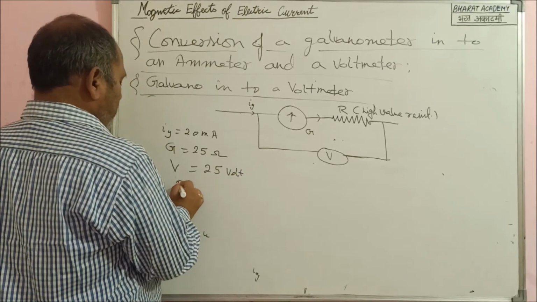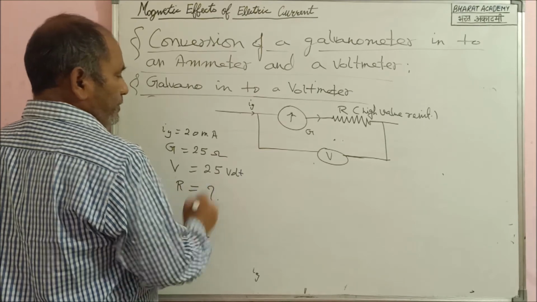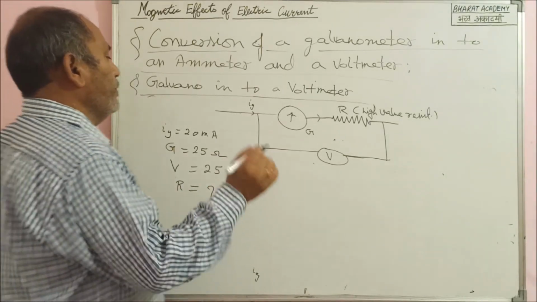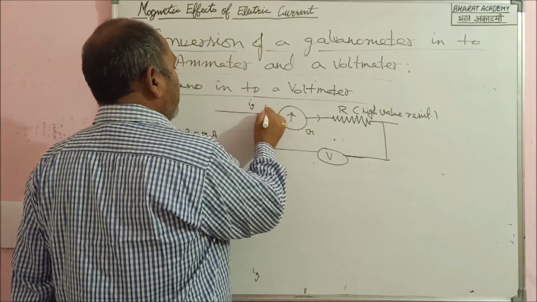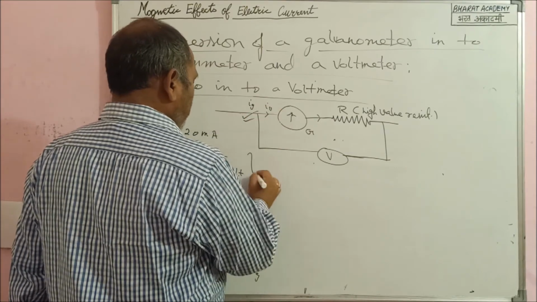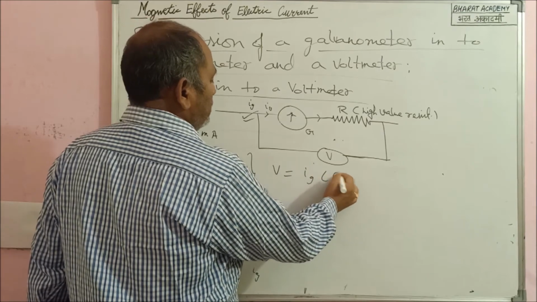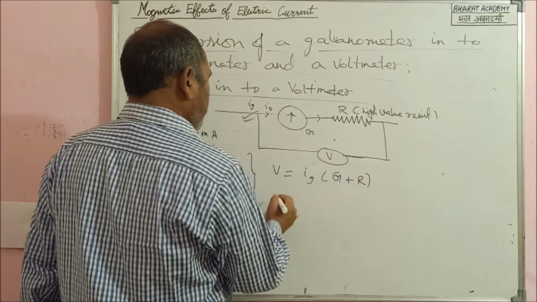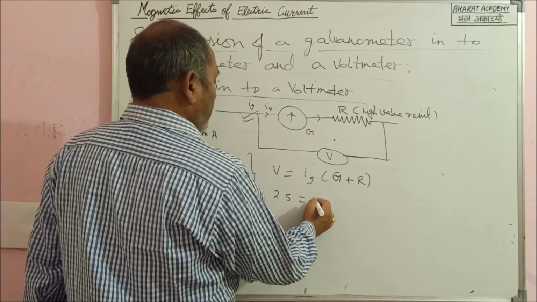For that, we will calculate R. Before doing anything, you have to draw the circuit diagram. Remember, this will make the picture very clear. It will be V equals Ig into G plus R.